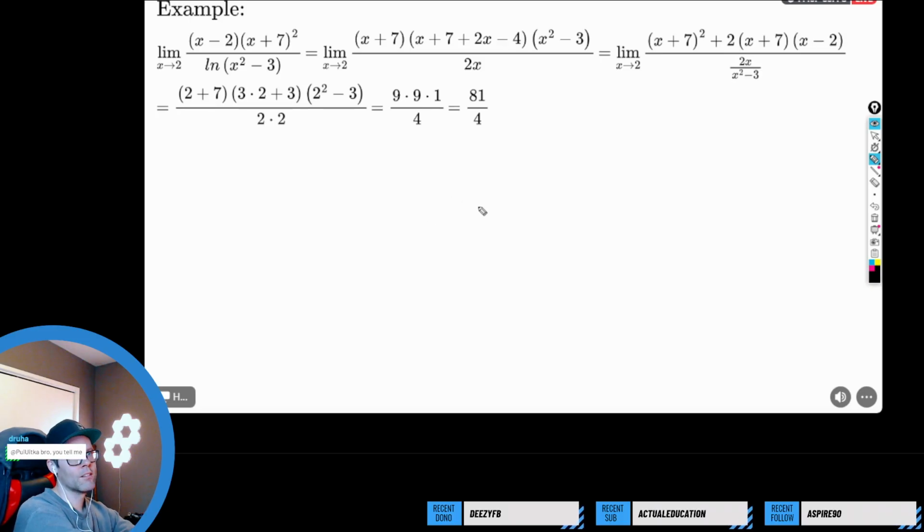Just practice a lot, and don't be afraid to let them blow up into something very large, especially with this type of derivative.